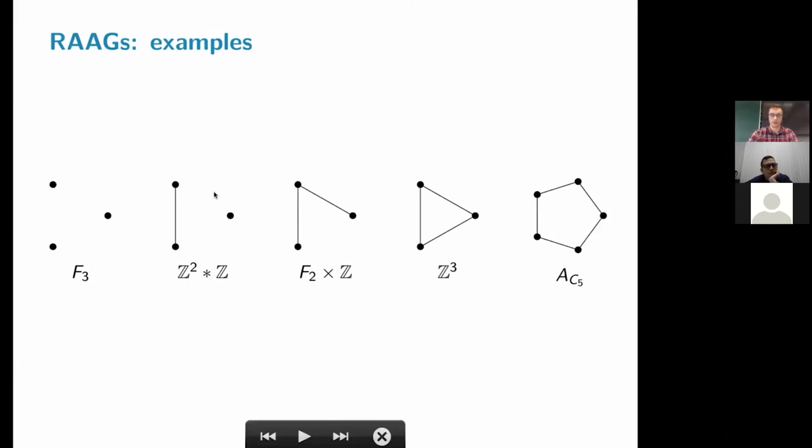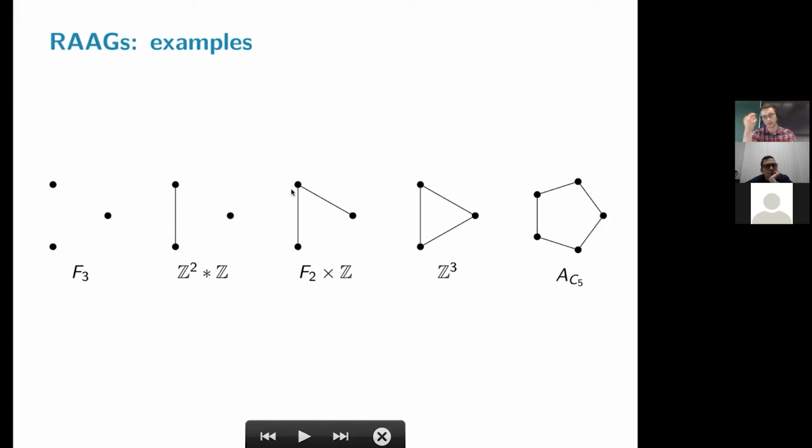And then in between, we have two other possibilities. In the first case, only two vertices commute, and the third one doesn't commute with either of the two initial ones. So this part of the graph will generate a free abelian group of rank 2, and the other sole vertex will generate a free abelian group of rank 1. Together they will give a free product, since there are no relations between the vertices on the left-hand side and the one on the right-hand side.